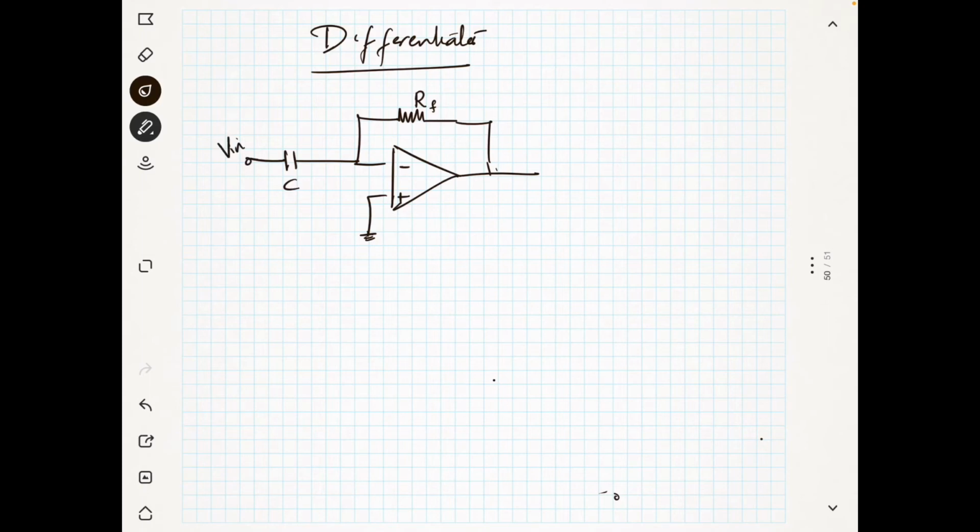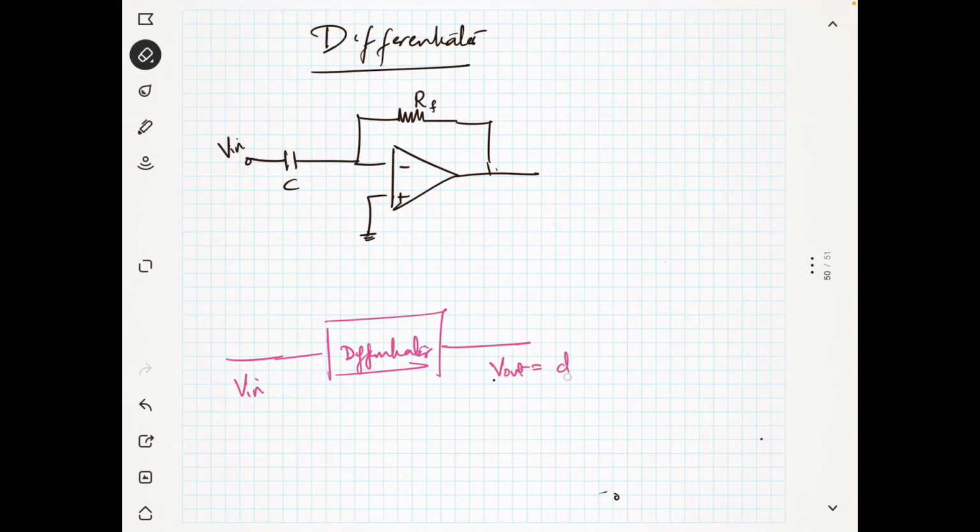Now we will do the same kind of circuit analysis. Before that, this circuit is the differentiator, and you will give some V in and you will get some V out. V out is equal to some constant, and that constant will depend upon R and C, multiplied with dV in of t by dt.